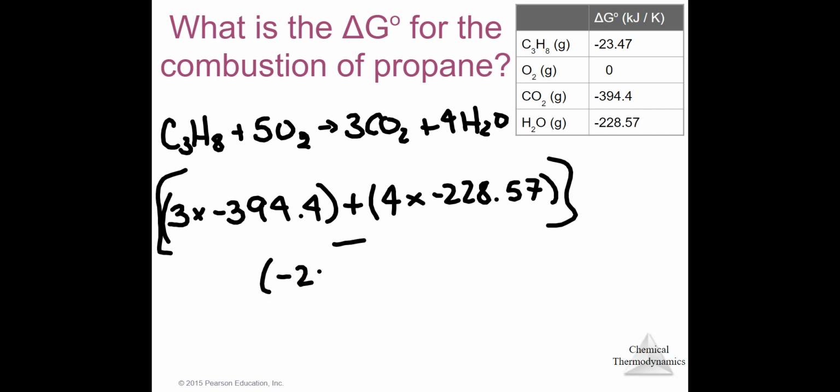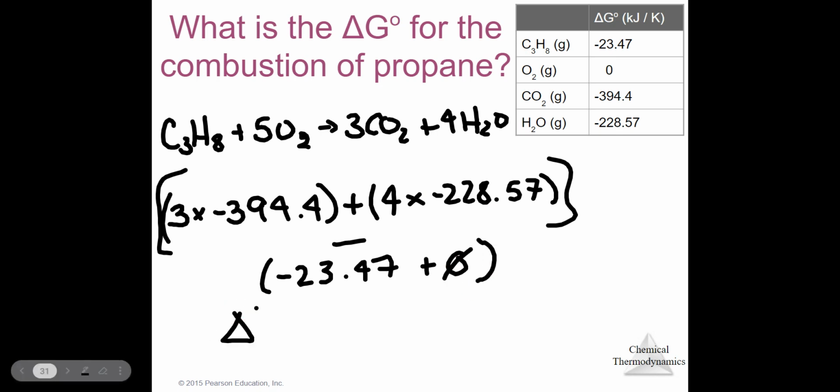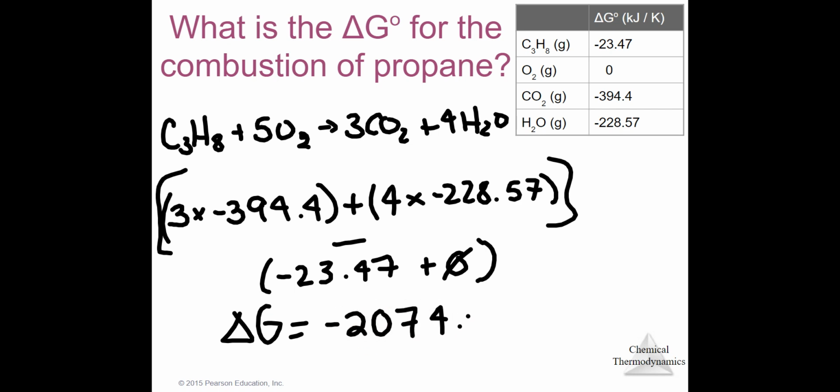Oxygen is a gas in its standard state, so it's just going to have a delta G of 0. When all is said and done, when I calculate it this way, my delta G is going to be equal to negative 2,074.01. A little bit different than what we calculated before, but a little bit of variation is going to happen.